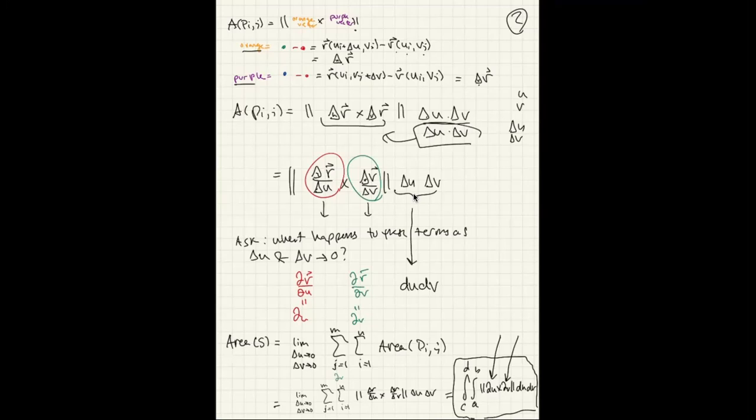And so what we say is that the area element for a parametrized surface is this thing, du dv. That's kind of what's going on here. And really, you should think of this as doing the double integral of the constant function 1 over a surface. So this is symbolically describing what we're doing. We're doing a double integral because we have two variables, u and v.